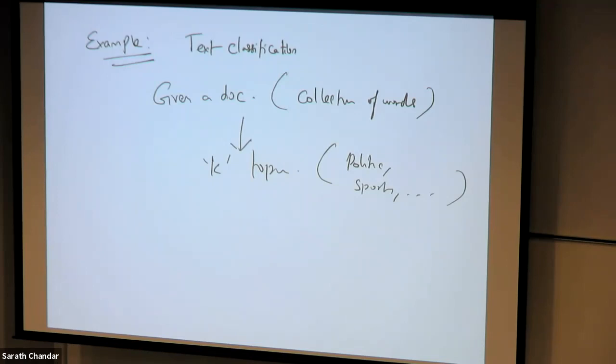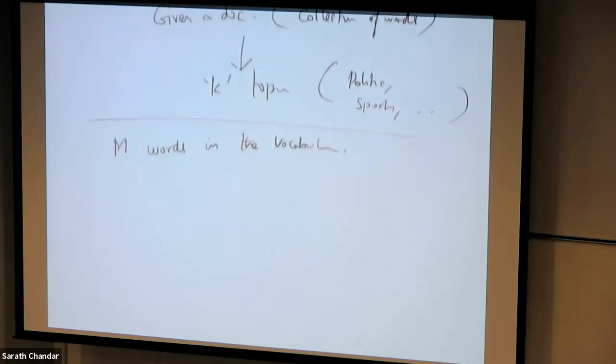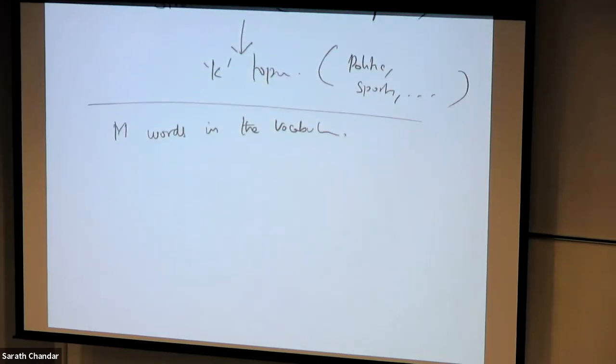Now to do that, we are going to do a very simple transformation. Assume that there are m words in the vocabulary. If you have m words in the vocabulary, then each document can be represented by an m-dimensional vector.